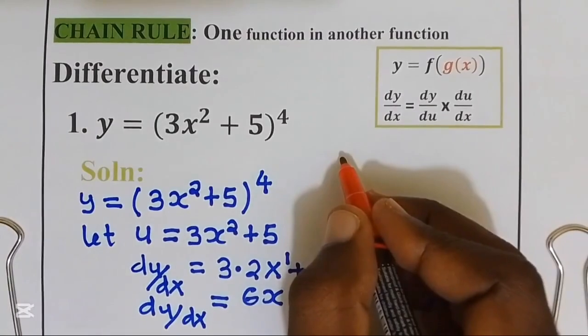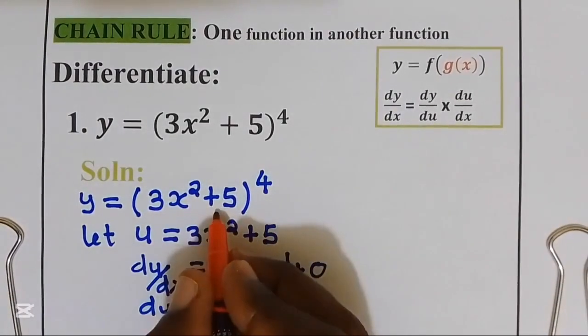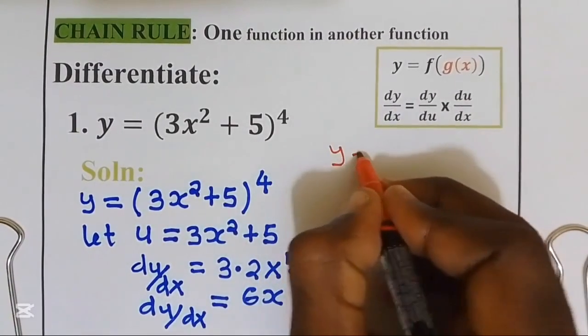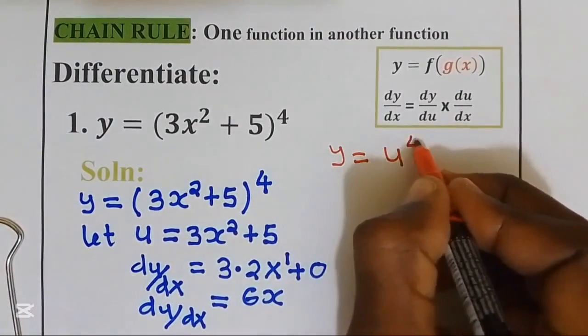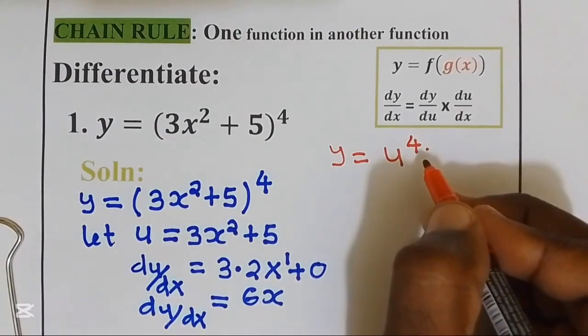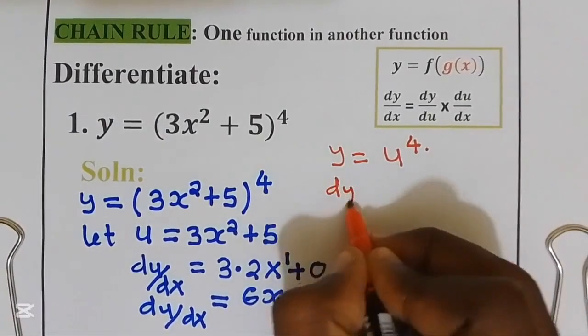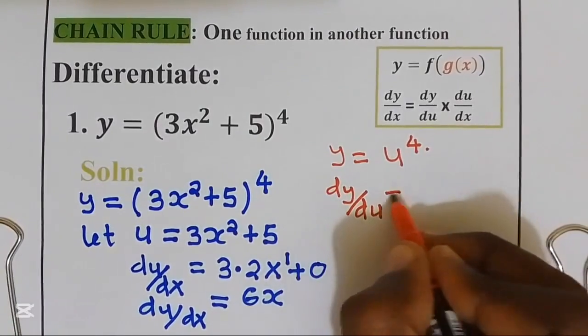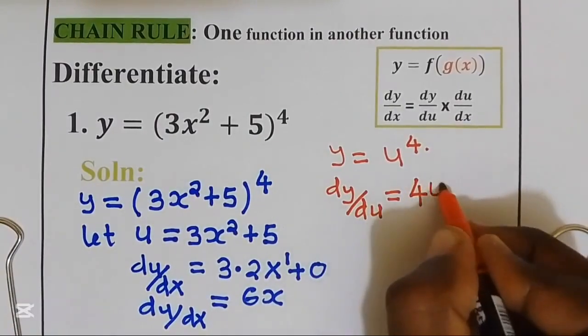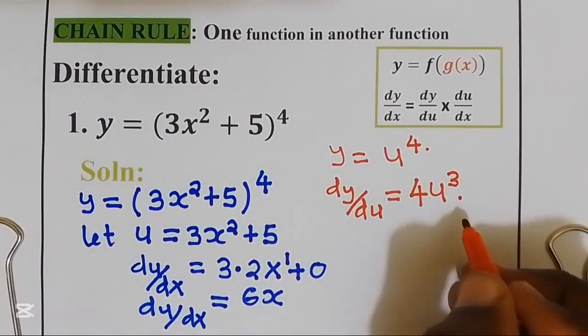Since we let the inner function equal to u, now we have y is equal to u power 4. dy over du is equal to 4u power 3.